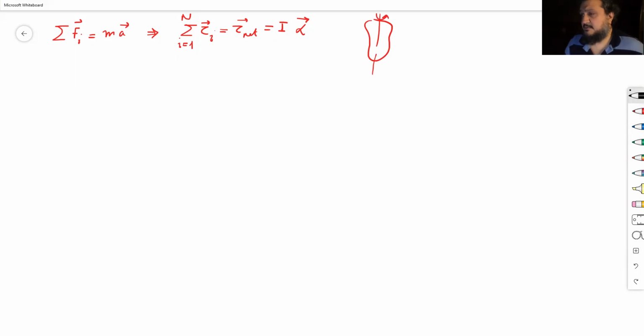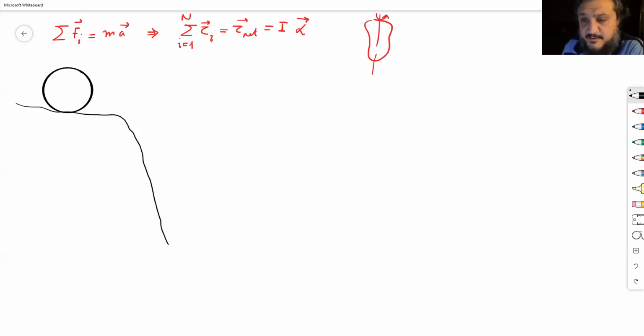Okay, so let's imagine we have an object like this, like a wheel, let's say. It's a cylindrical object and it's rolling downhill, and there's a cliff here. Maybe there's the bottom of the cliff or ocean or something.